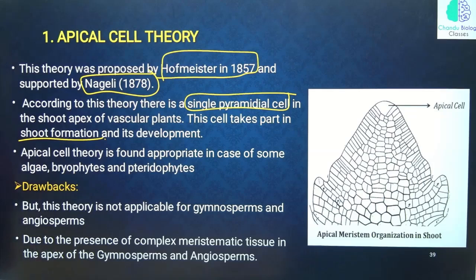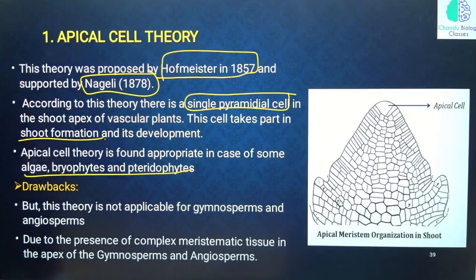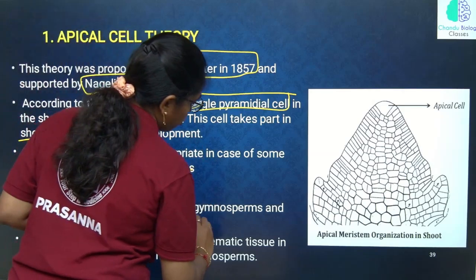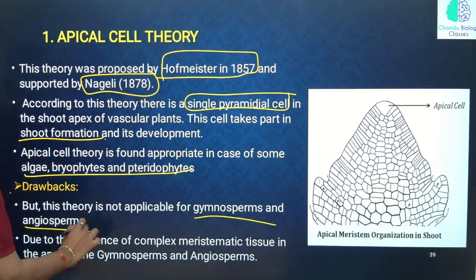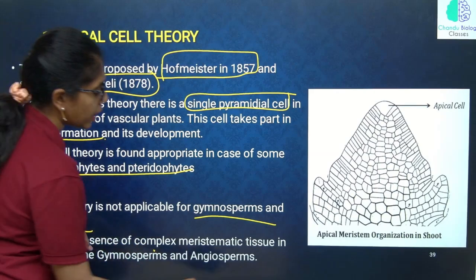Apical cell theory is found appropriate in the case of some algae, bryophytes and pteridophytes. The main drawback of this theory is that it is not applicable to higher classes of plants like gymnosperms and angiosperms, due to the presence of complex meristematic tissue.